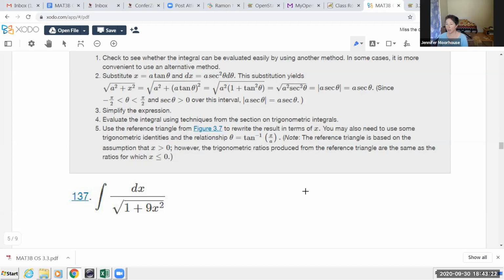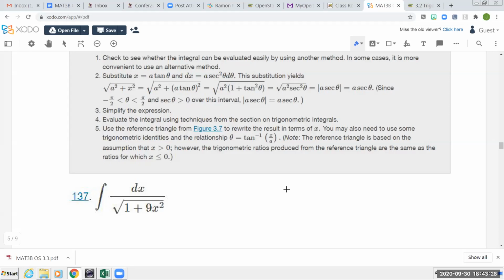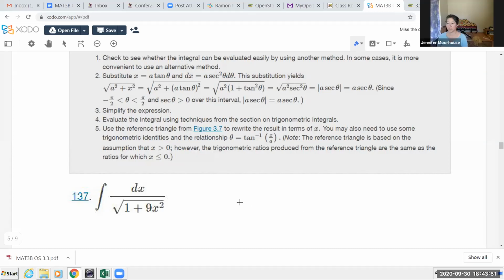Yeah, it's definitely going to be a tangent substitution. It's just, what exactly is the A? Well, I guess since it's a 1, and a 1 can be squared and it'd still be 1, you'd be able to use tangent then, right? So what's tangent?